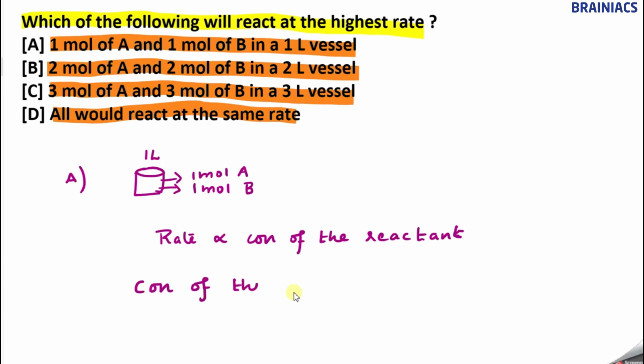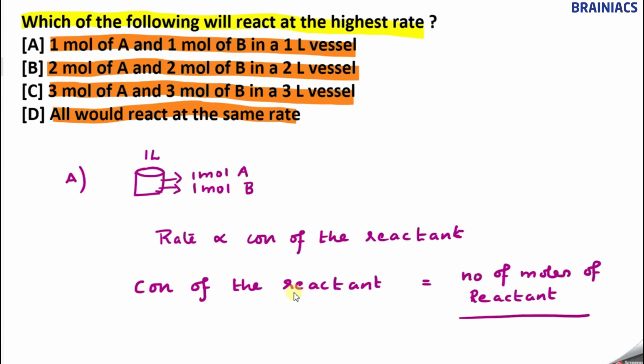Concentration of the reactant is equal to the number of moles of the reactant divided by the volume in which this reactant is present.